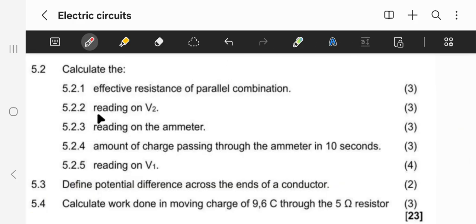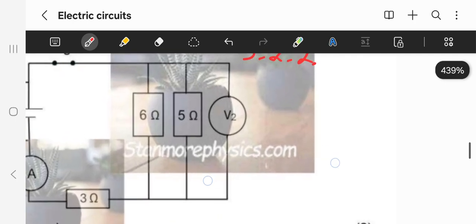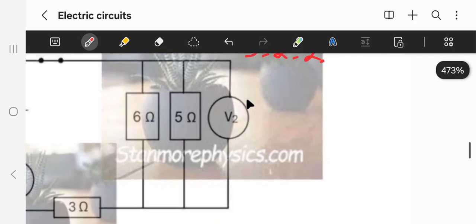So 5.2.2 says we have to find the reading on V2. For us to find the reading on V2, guys, we need to check where V2 is connected. What you will realize is that V2 is connected to the two resistors that are connected in parallel.